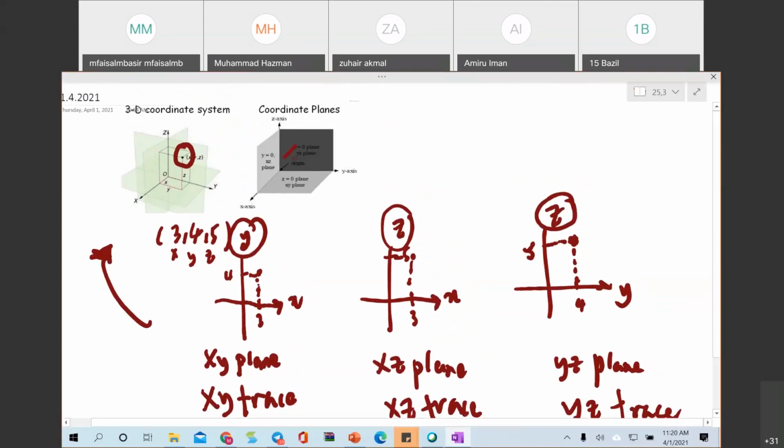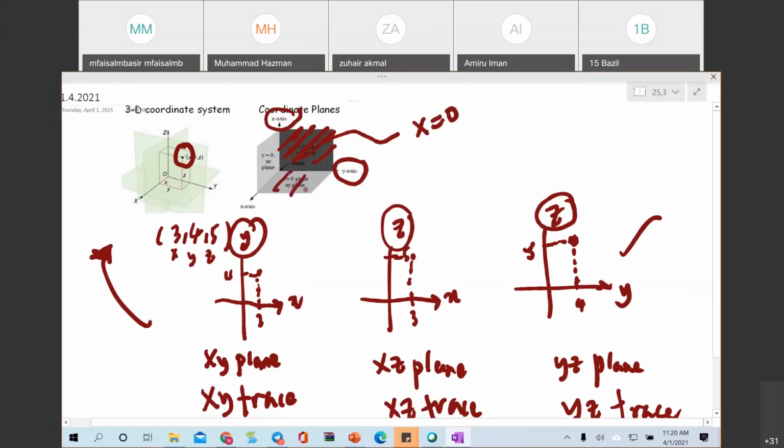Okay, for this part will be the yz plane. Here, everything in this area is x equals 0.